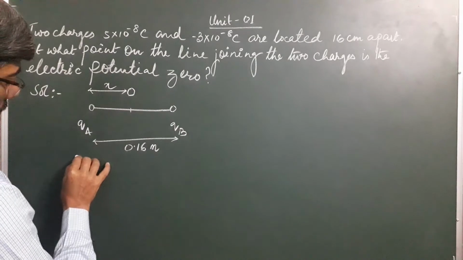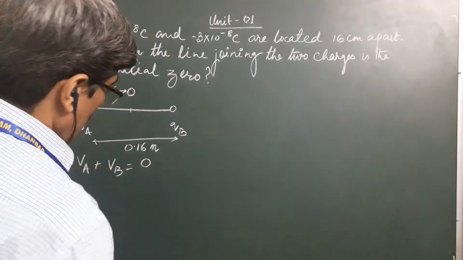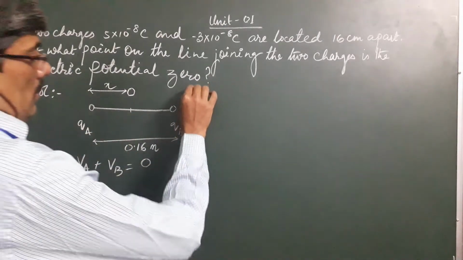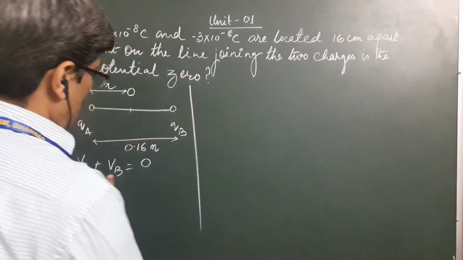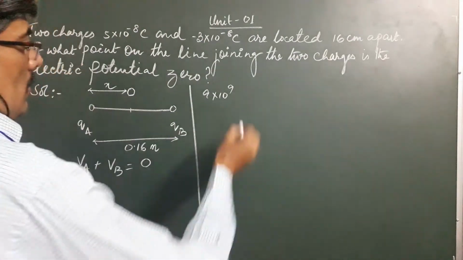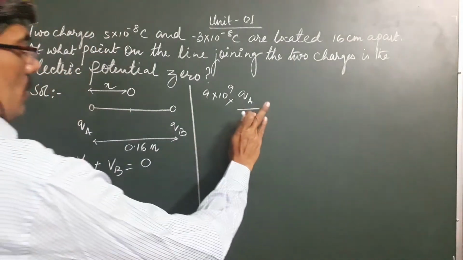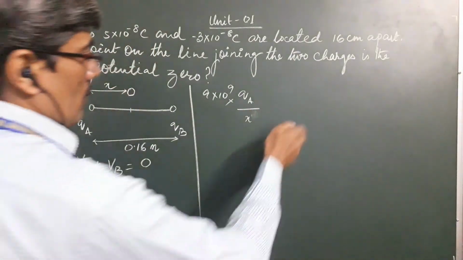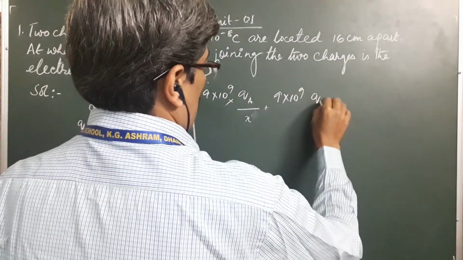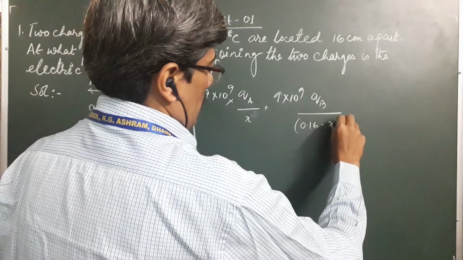If the potential at O is 0, then we may write it in mathematical form as VA + VB = 0 at O. Let us put the numerical values of VA and VB. 9 × 10^9 QA by x, plus 9 × 10^9 QB by (0.16 - x).